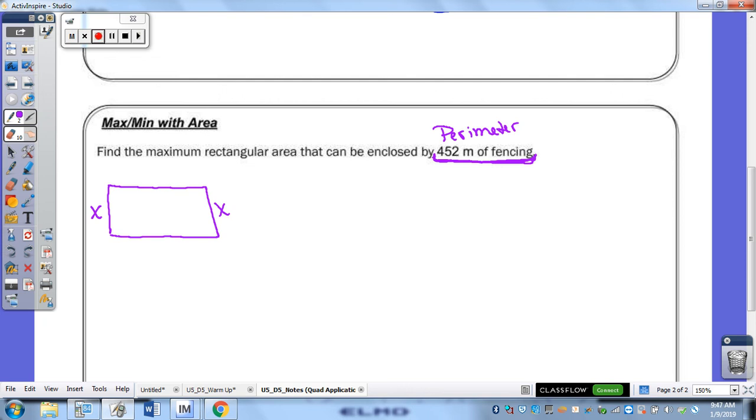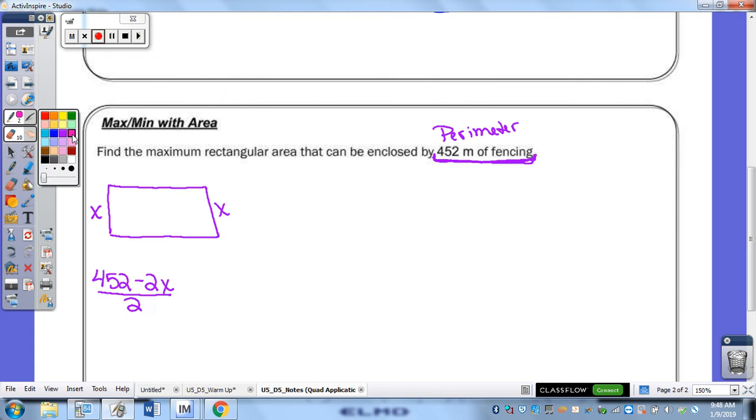Now, remembering what we know about perimeter is you add up all your sides. So 452, which is our total perimeter, minus the two sides that I just called x, so minus the 2x. That would give me these two sides together. So if I divide this in half, that's going to give me one of those two sides.